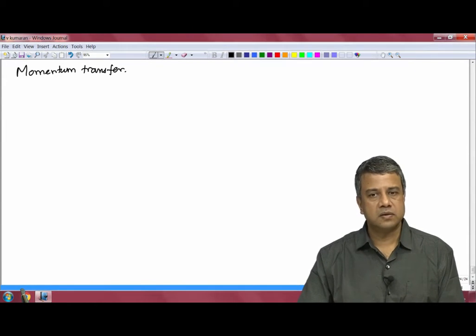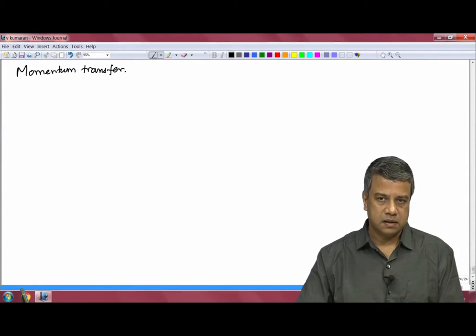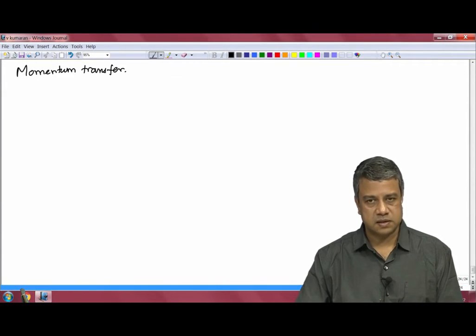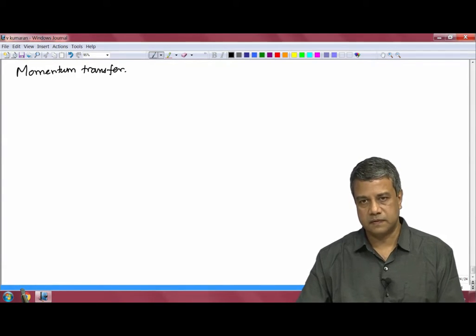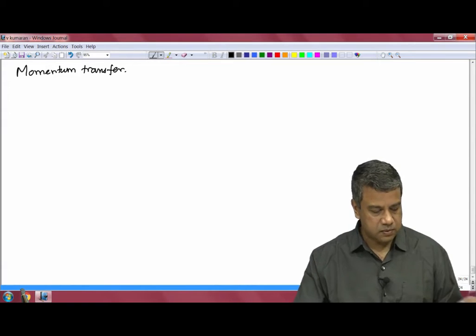So the temperature and concentration fields depend upon the velocity field. In the simplest case, the velocity field does not depend upon the temperature and concentration fields, provided the properties, the viscosity, the density and so on are independent of temperature or composition. So, that is why we start with momentum transfer.